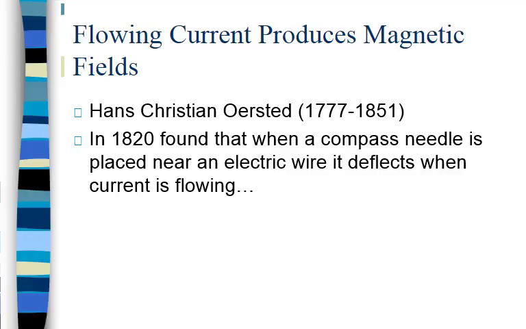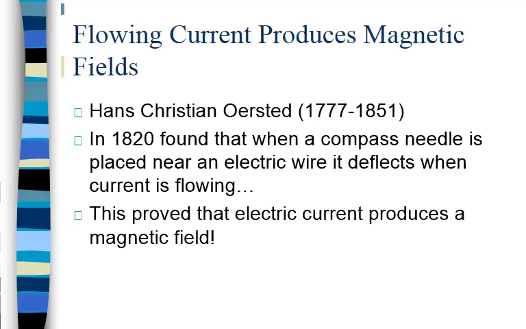Before that time, they knew about the magnetic field based on the Earth's magnetic field, but they had no idea that electricity could create a magnetic field. And that's what they actually found, that as electricity flows, it creates a magnetic field surrounding it. This experiment proved that electric current produces a magnetic field.